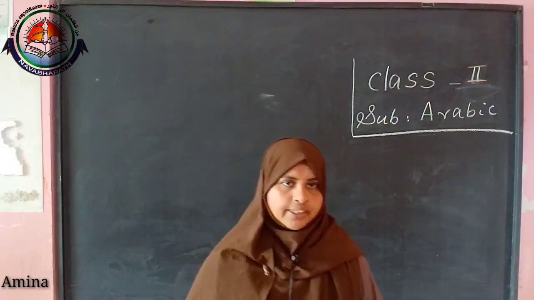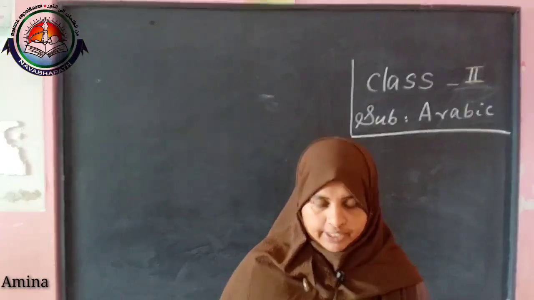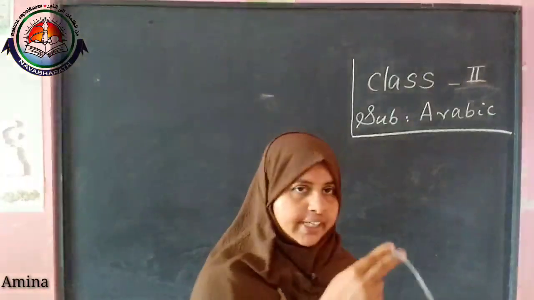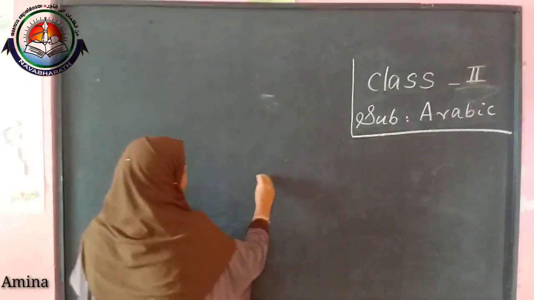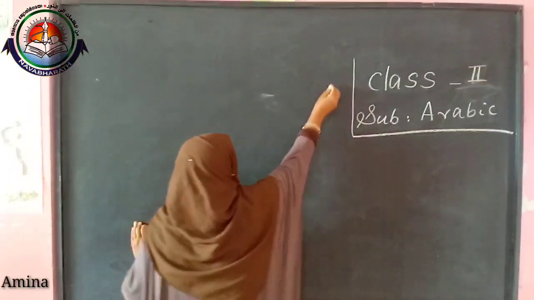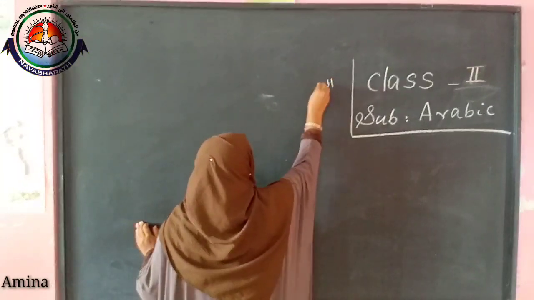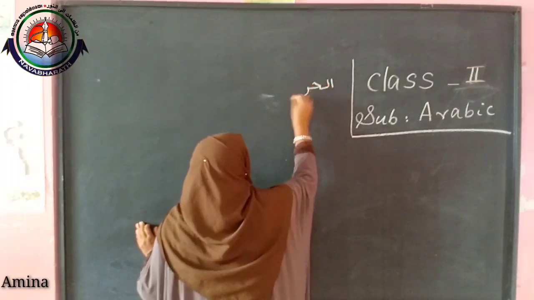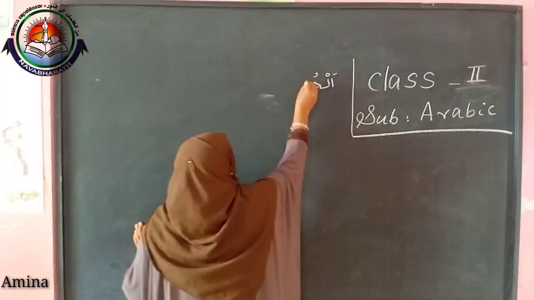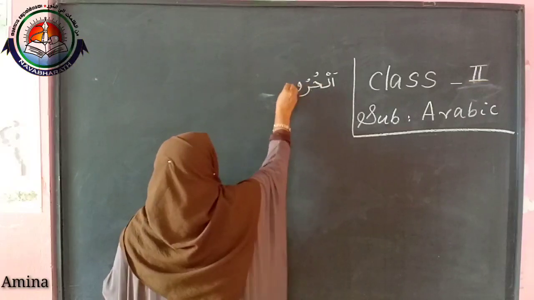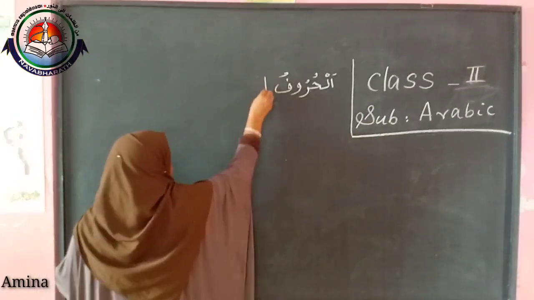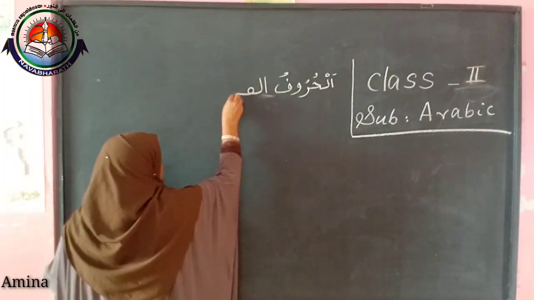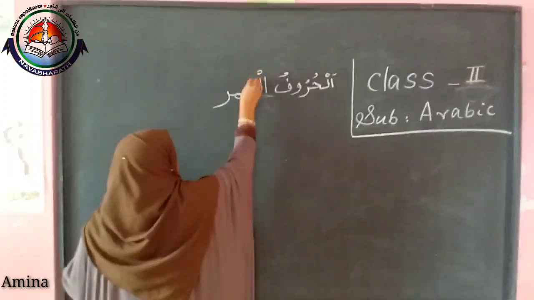I will show you the next example. That day we drew a big sun. Okay, big sun. Then we wrote al-huruf shamsiya. Or al-huruf al-qamariya we can write first. Al-huruf al-qamariya.